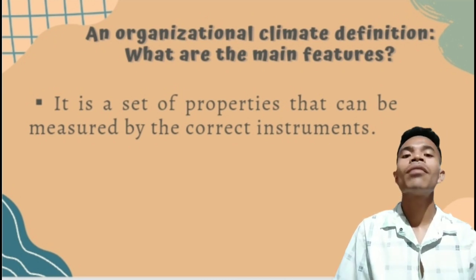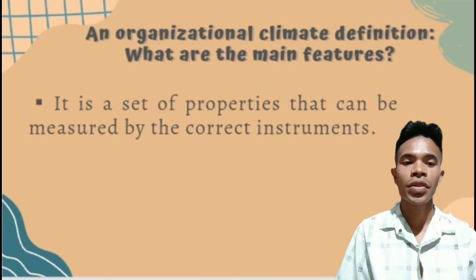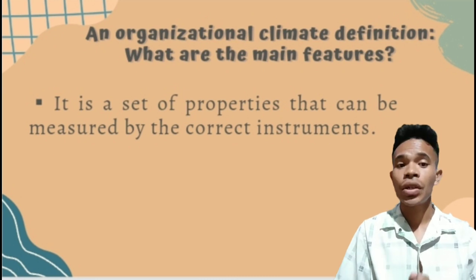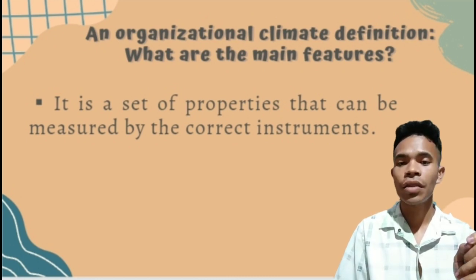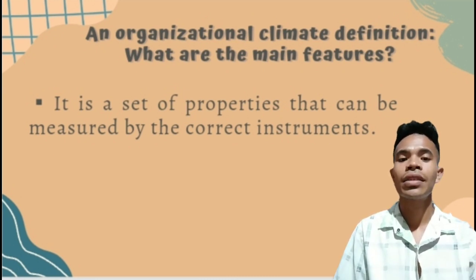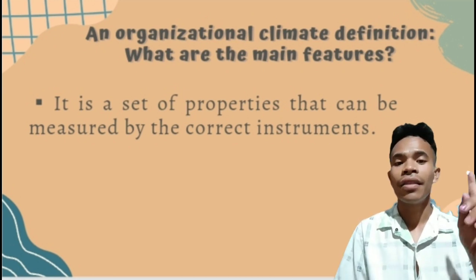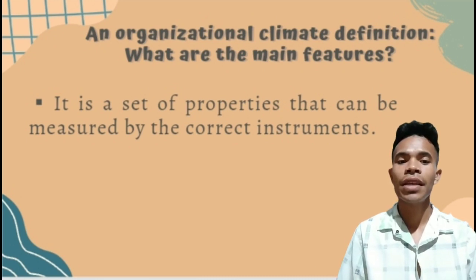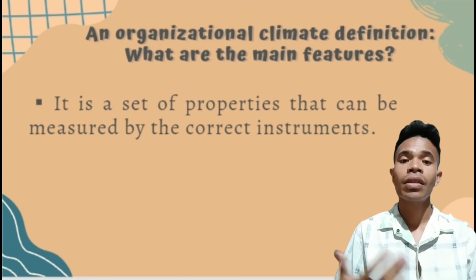It is a set of properties that can be measured by the correct instrument. Organizational climate can be measured using specific instruments or surveys designed to assess various aspects of the work environment. This instrument helps quantify employees' perceptions and provides objective data about the organizational climate.